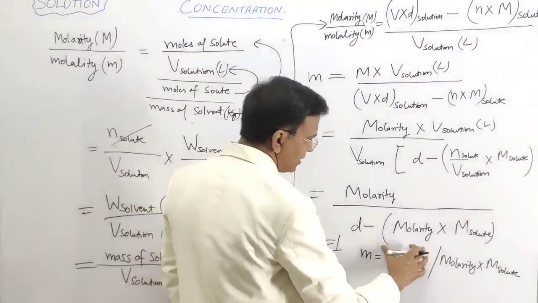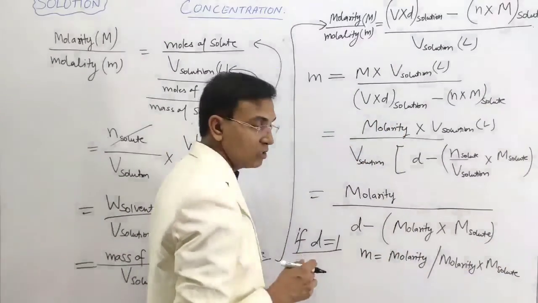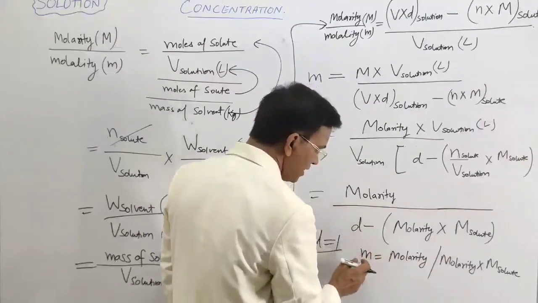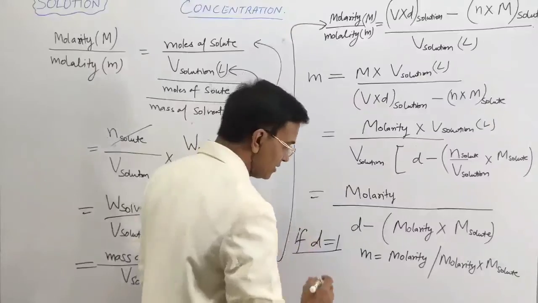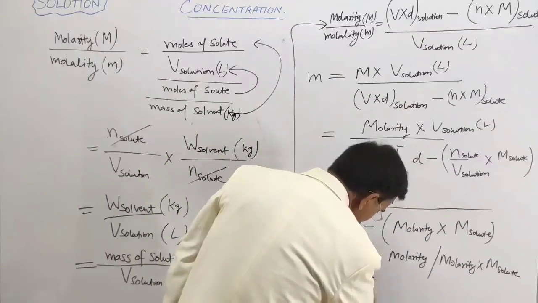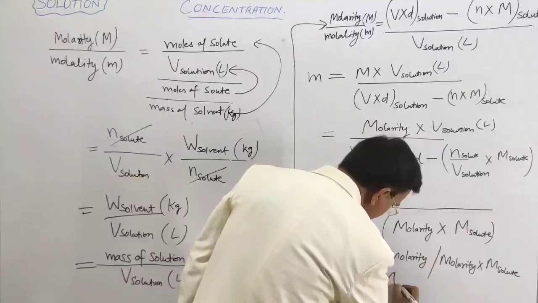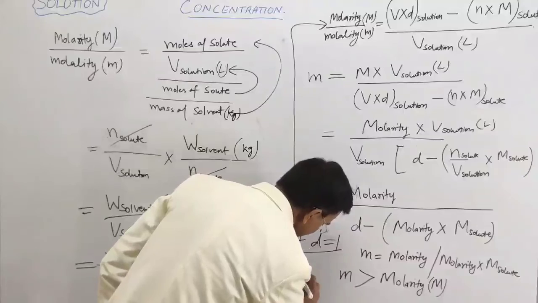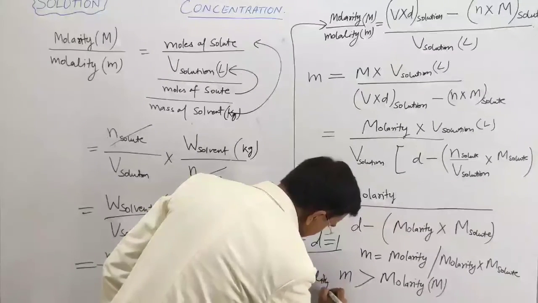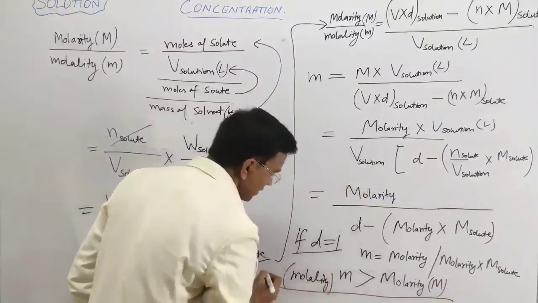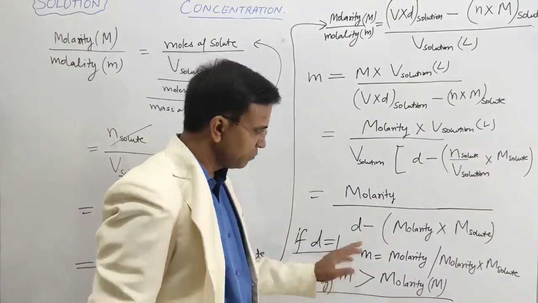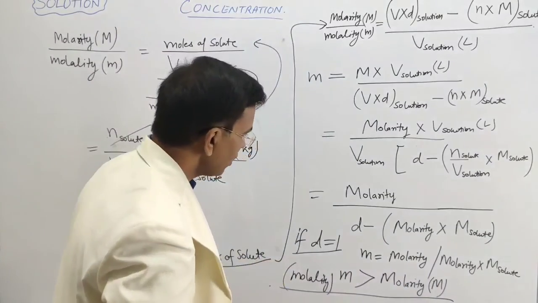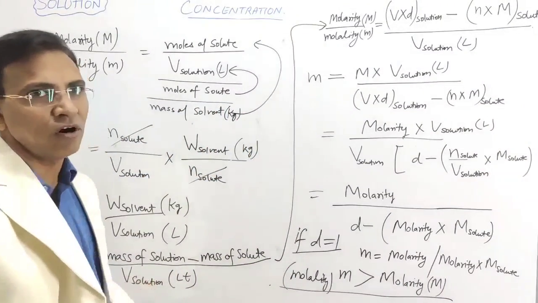And when the molarity is divided by this, the molality itself will be greater than the molarity. So in this case molality will be greater than molarity, that is capital M, right? So in this way it has been proved that when D is equal to 1, the molality is greater than the molarity. Now move to the next term of concentration.